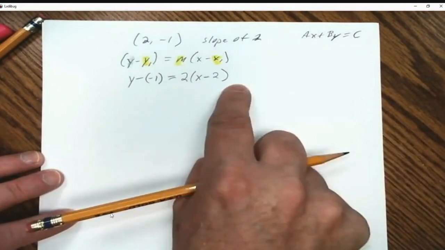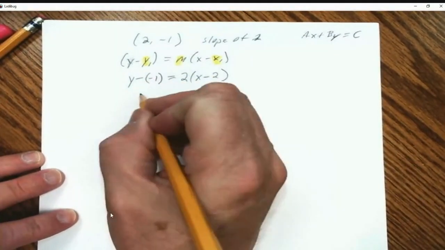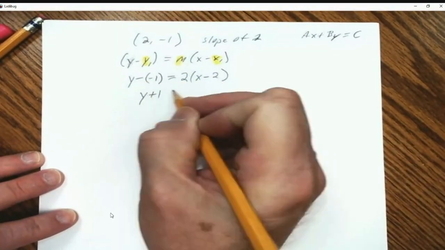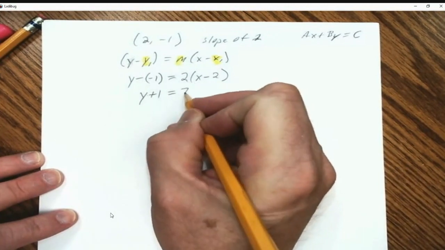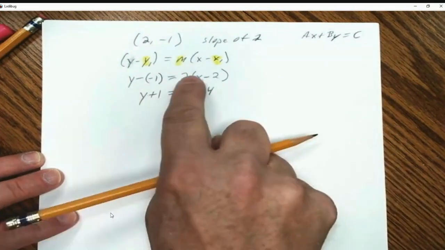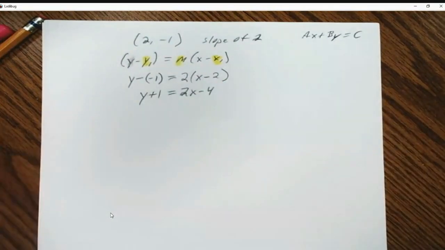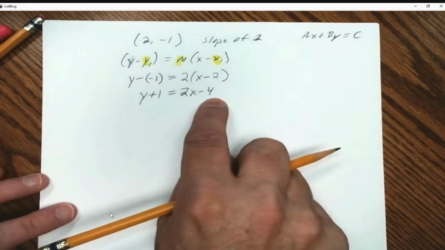Now we need to simplify this. Y minus -1, when you subtract the negative, is actually y plus 1 equals, and we can go ahead and simplify that, 2x minus 4, right? We distribute the 2 to both terms inside the parentheses. So we have this equation.